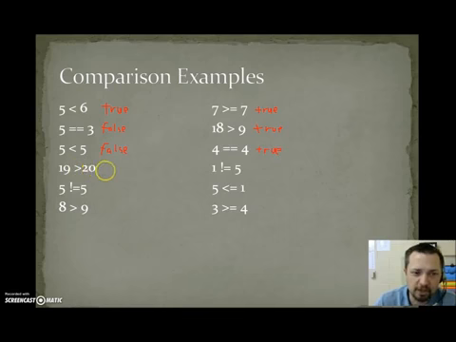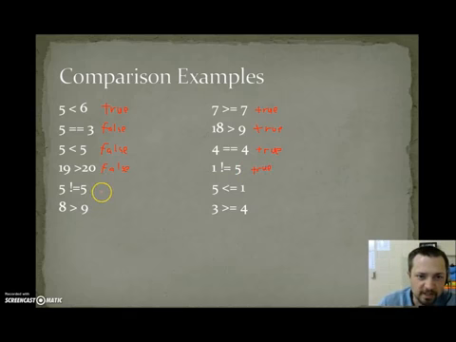19 is greater than 20. No, it's not. False. If that were less than, it would be true. 1 not equal to 5. That is true, they are different. 5 is not equal to 5.